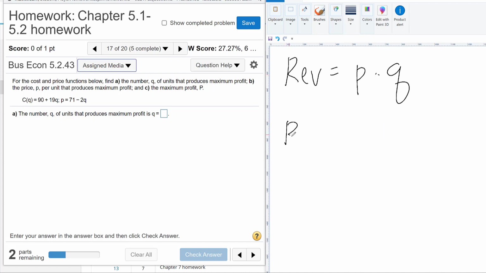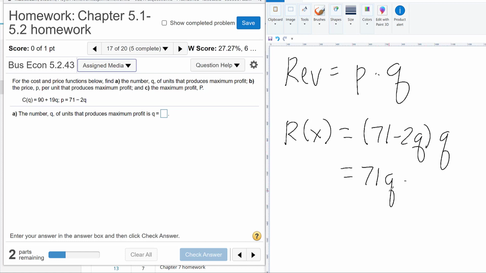revenue function. So R of X is price, 71 minus 2Q, times Q, or 71Q minus 2Q squared. So you have to remember to multiply this price here by Q, the quantity. All right?